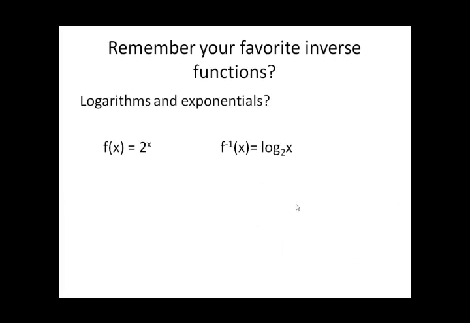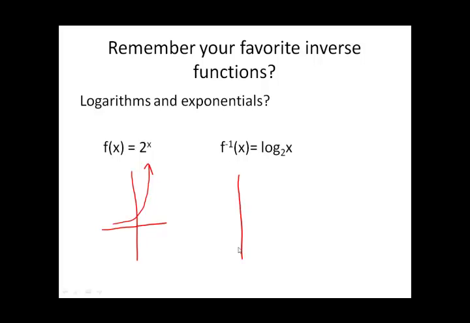Alright, remember, I just want you to recall logarithms and exponentials, and that when we were dealing with these, the x and y roles would reverse. So when we would graph something, here would be an example of exponential growth. That's just a sketch of what this would look like.